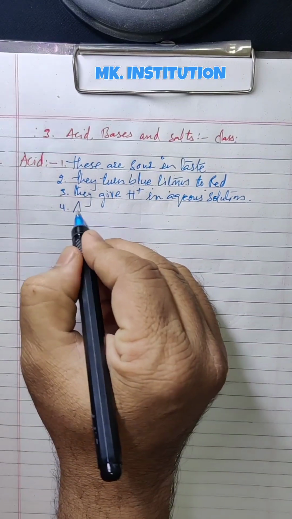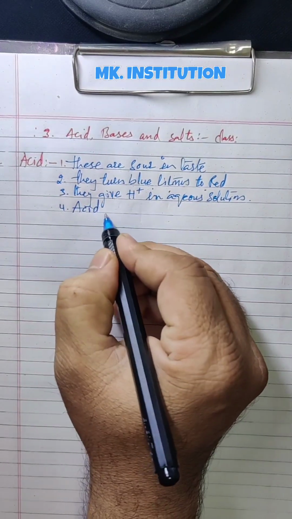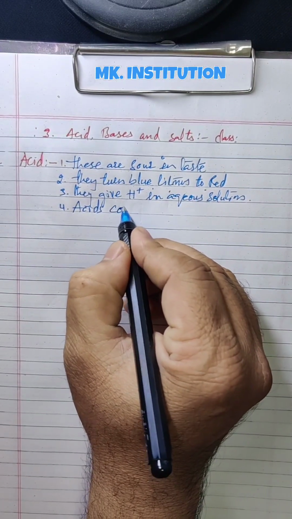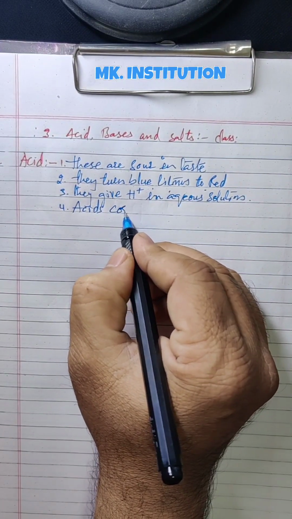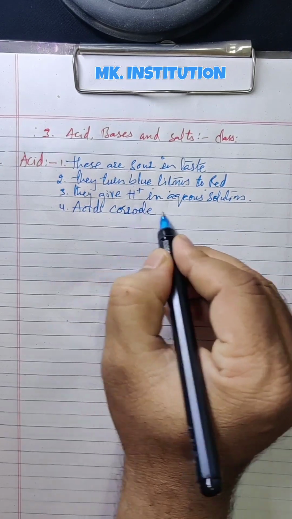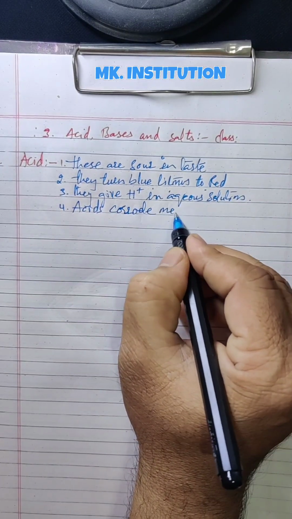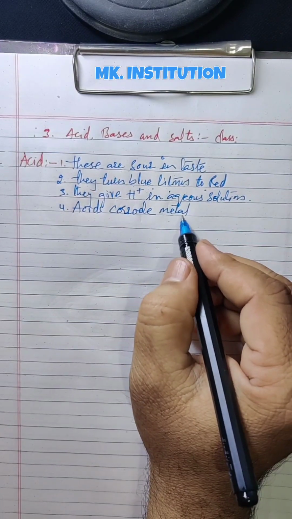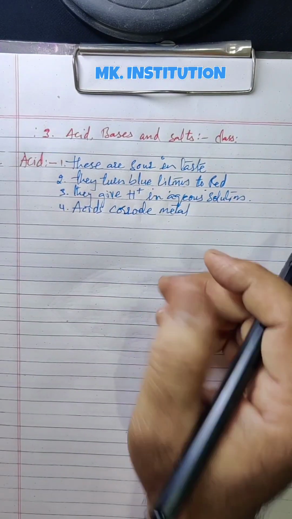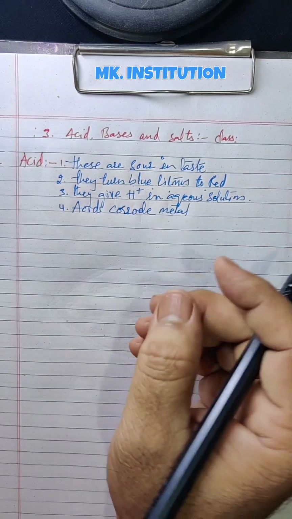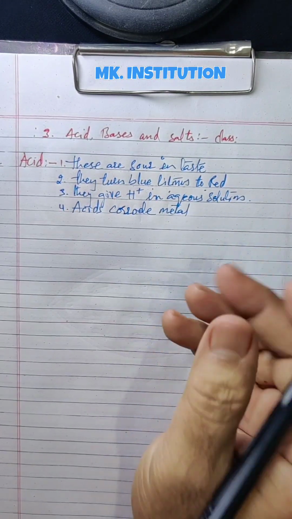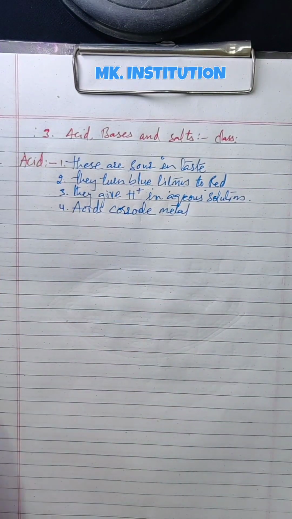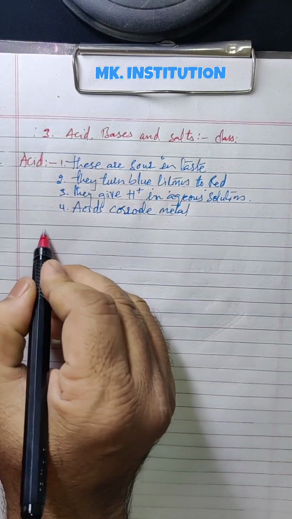Then the fourth one: all acids are corrosive, they corrode metals. Corrode metal means whenever the acid reacts with any metal, it gives rust on the metal. Clear?